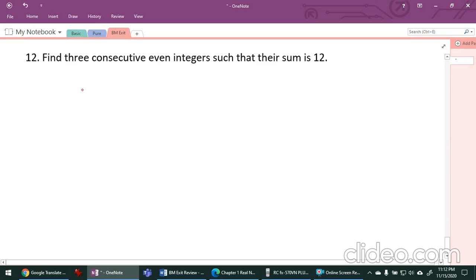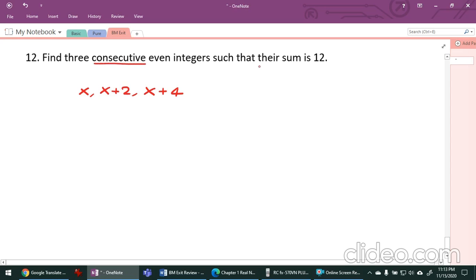So I will take the numbers like this: x, then the next number will be x plus 2, then the next number will be x plus 4. So these are even numbers. Assume that x is even. So x plus 2 and x plus 4 are consecutive, means next to next, adjacent.